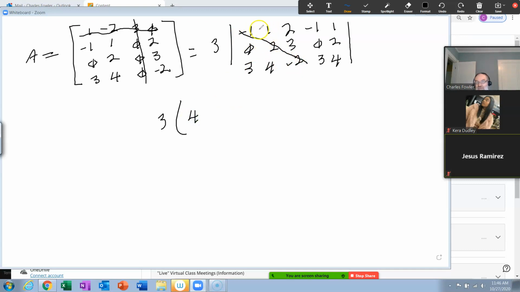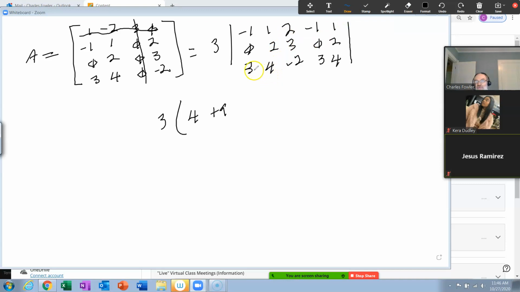Do the second down diagonal, and that's a plus 9. Do the third down diagonal. That's a 0 because there's a 0 there. Now, just because it's messy, I'm going to take off these construction lines so I'll be able to see a little better.